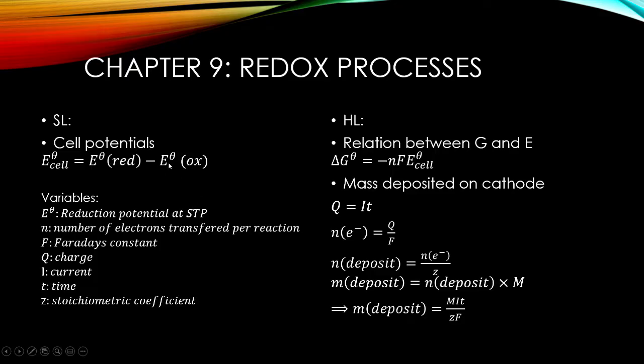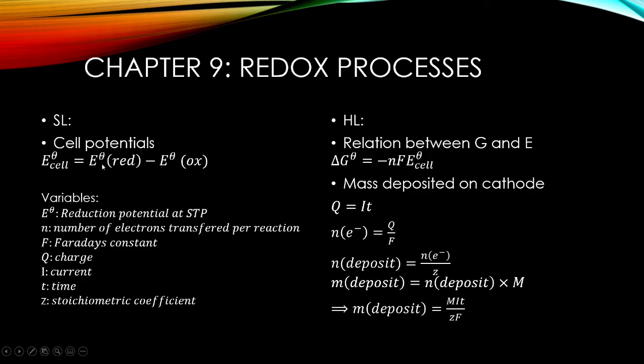electron potential of the oxidation reaction. So what this really says is just that when you write two half equations, you have the reduction equation and the oxidation equation, but in the data booklet they're all written as reduction reactions. So if you want the potential of the oxidation reaction, you have to flip the reduction reaction because it goes backwards, and by flipping the reduction reaction you have to change the sign of the reduction potential.